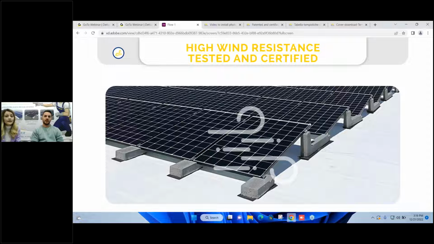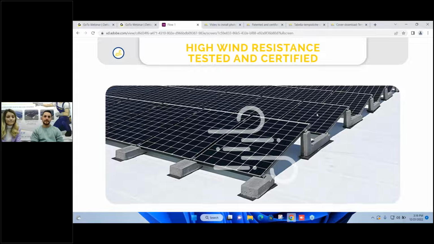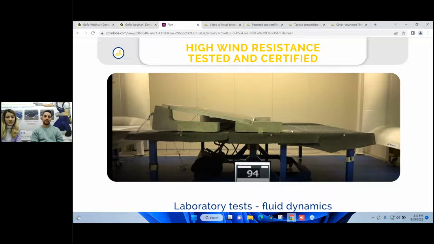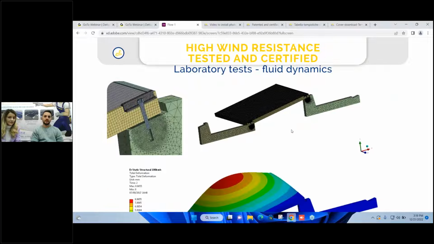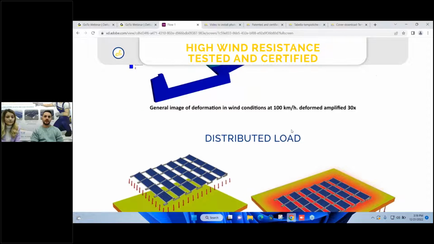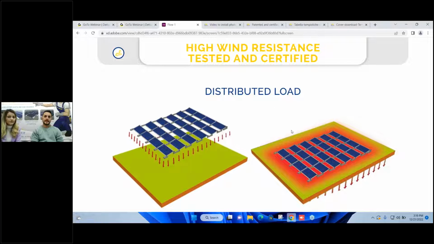Yes, correct, the Connect. So you can check all the tests that have been done on our system, like fluid dynamics. And as we mentioned earlier, with the Connect system, the weight is distributed on the roof. That is what makes the system the perfect solution for this kind of roof. Perfect.